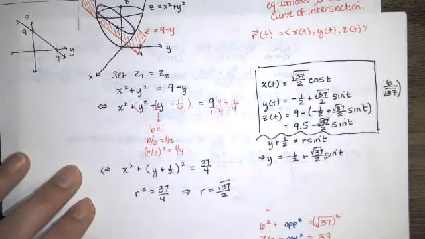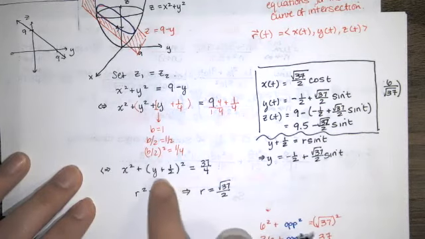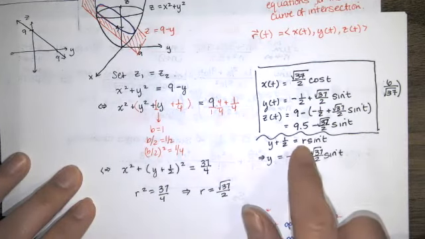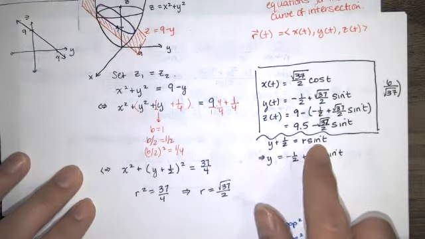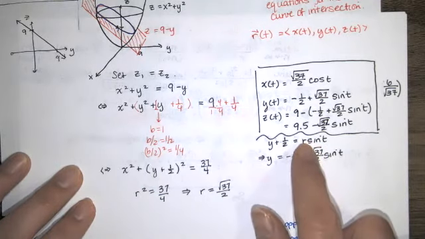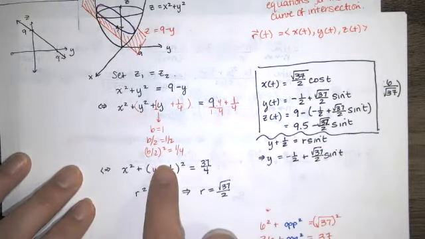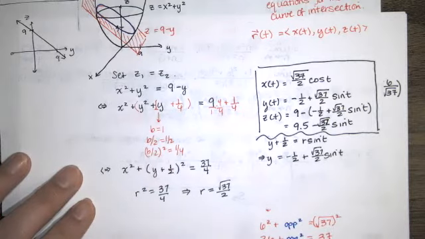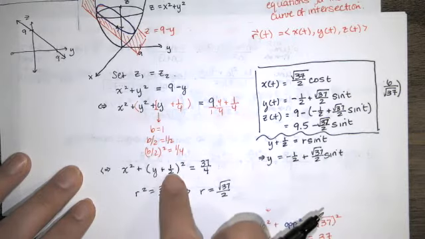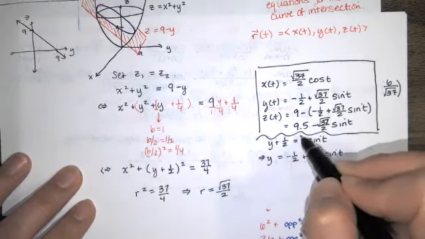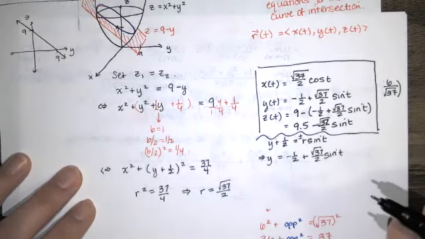But I could have just as easily let y equal the negative r value times sine of t, because negative r times sine of t squared is r squared sine squared t, just like positive r times sine of t, quantity squared, is r squared sine squared t. So really this y plus 1/2 could have been plus or minus r times sine of t.